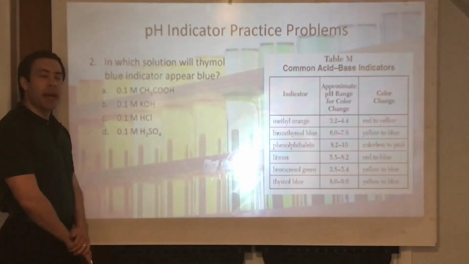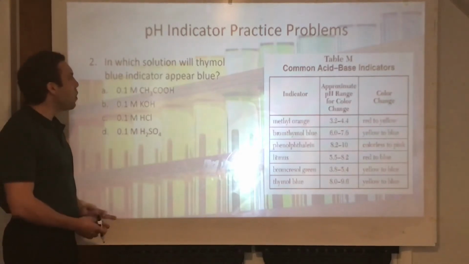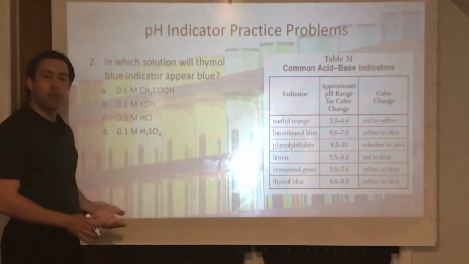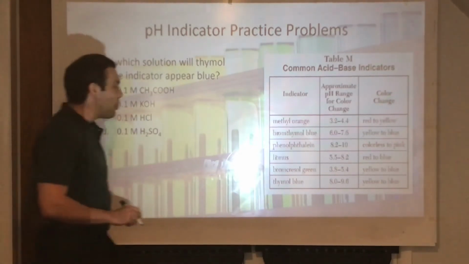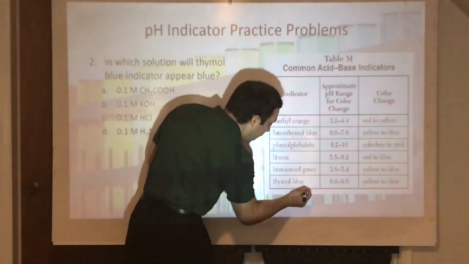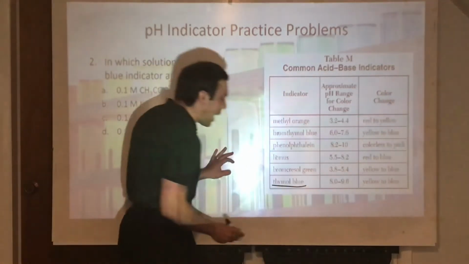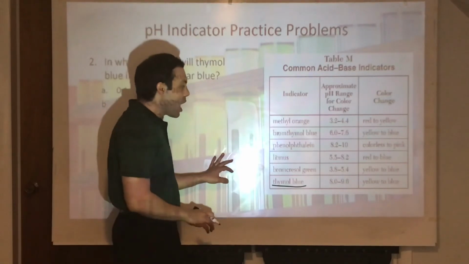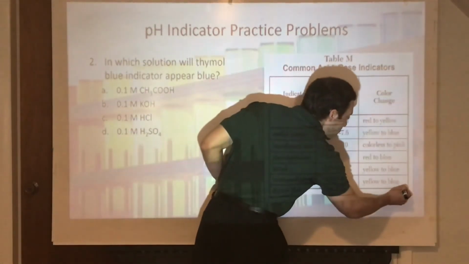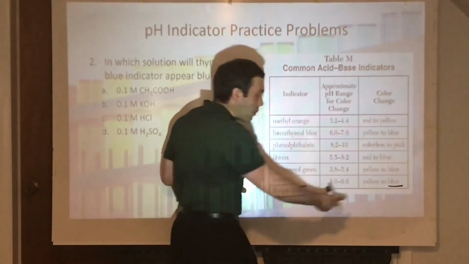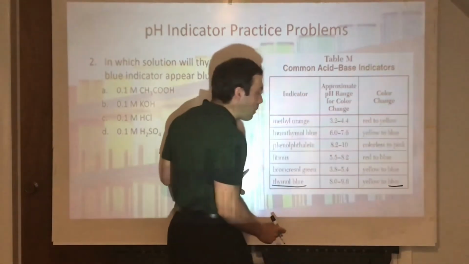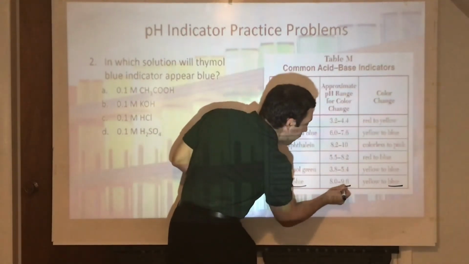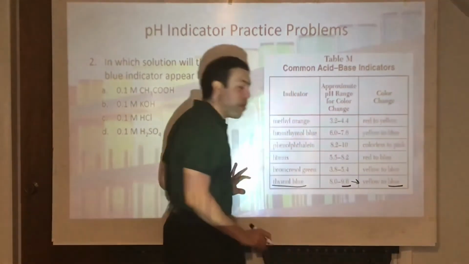Problem number 2 asks, in which solution will thymol blue indicator appear blue? So we look at Table M. We see that thymol blue is the last indicator on Table M. And thymol blue will be blue, the color on the right, at a pH of 9.6 or above.